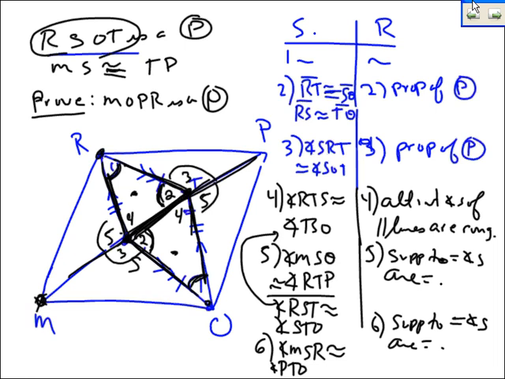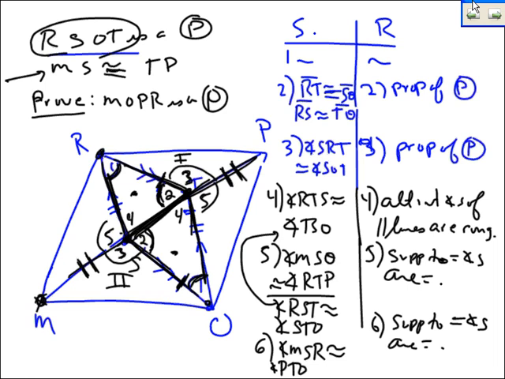We were given that MS and TP are equal. Well, that's enough for me, because if we look at what I'm calling triangle 1, it has one side with one slash, one side with two slashes, and angle 3 in the middle. If you look at triangle number 2 over here, it has one side with one slash, one side with two slashes, and angle 3 in the middle.